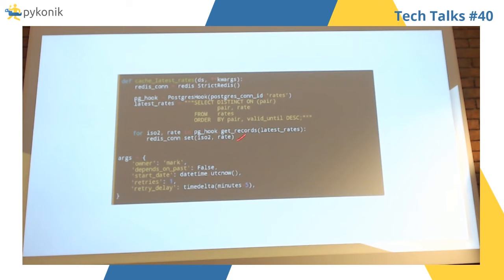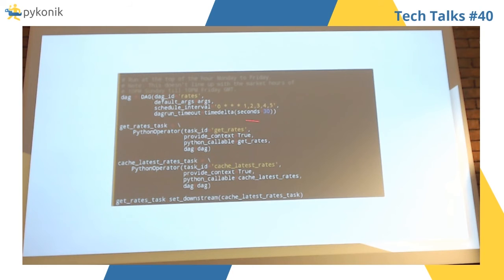There is a cache of the latest rates in Redis. So you see there is a connector to Redis. There are some arguments for the DAG. As you see, at the beginning of the DAG script we have the definition of the methods, and at the end we have the description of this DAG and arguments that are used by the configuration of execution.